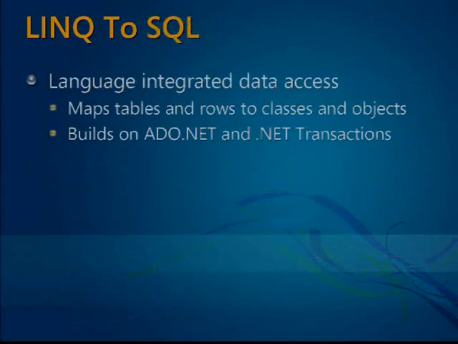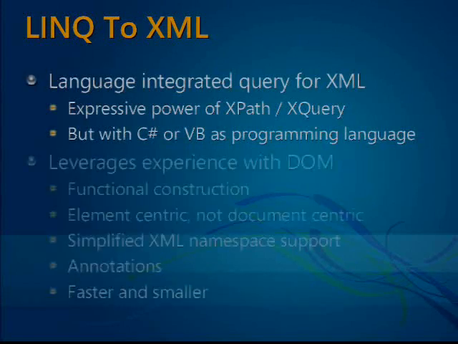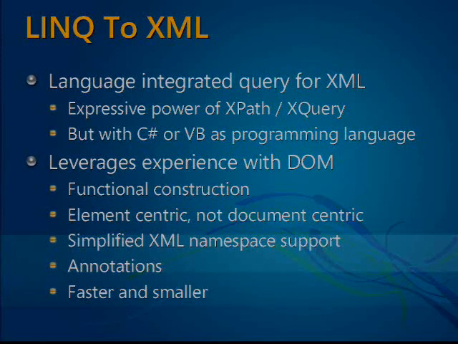I used the LINQ to SQL API. Let me just breeze through this: think of it as a lightweight object relational mapping that supports language integrated query. That is what the LINQ to SQL API is. And you saw me use the LINQ to XML API, which you can think of as a modernized XML object model that supports querying and transformation.